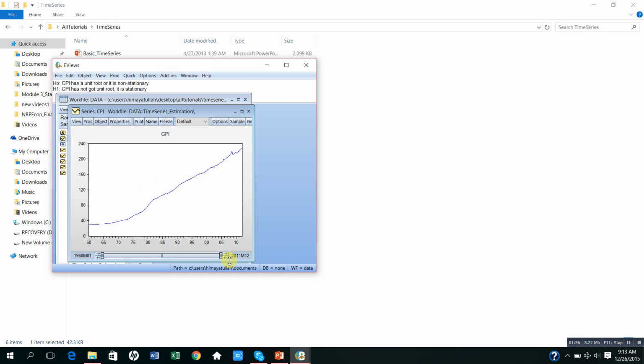Now if you look at this graph of CPI, it has an upward trend. The consumer price index is trending upward over time, and I also observe that there is a positive intercept here. So it seems that this data would be non-stationary.